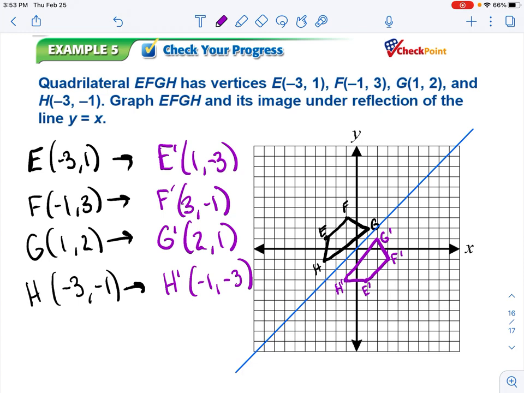Alrighty, and that is our shape right there.